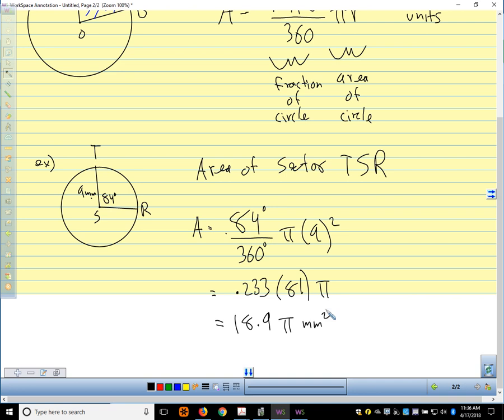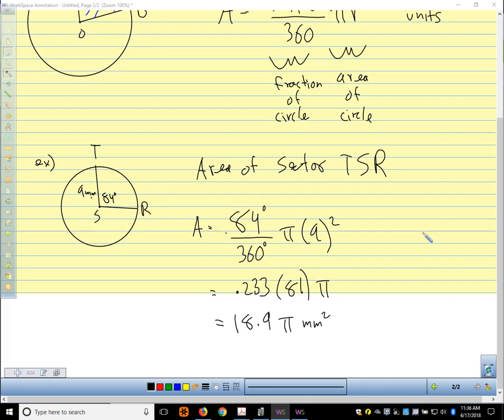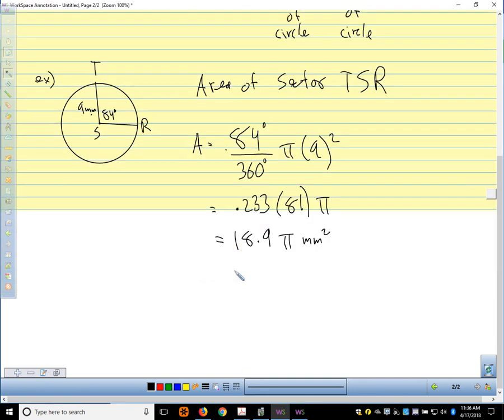So I divided 84 by 360, multiplied it by 81. If I plug this all in my calculator and round it to the tenth, that'd be about 59.3 square millimeters, rounded to the tenth. All right, questions there?